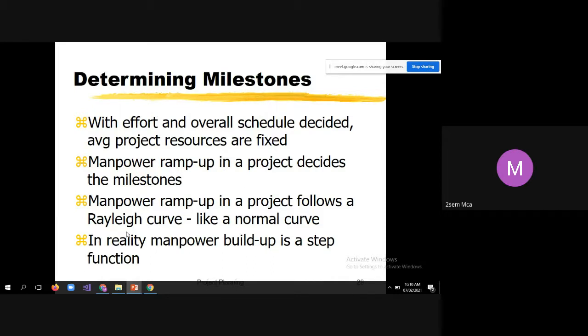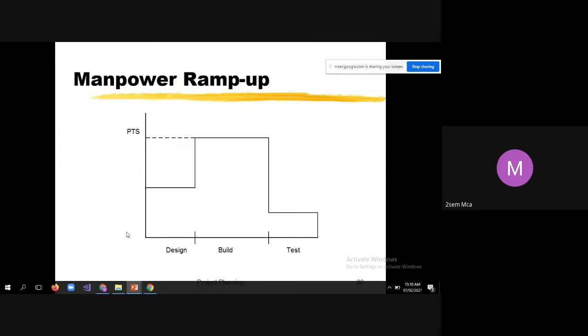If such a thing happens for, say, two to three months, you can improve the skill set of the fresher engineer. That is called a step function. Such measures have to be taken to ramp up the manpower.